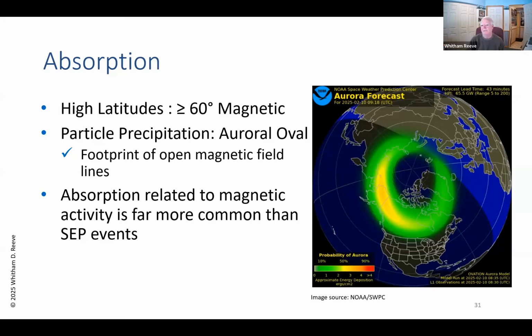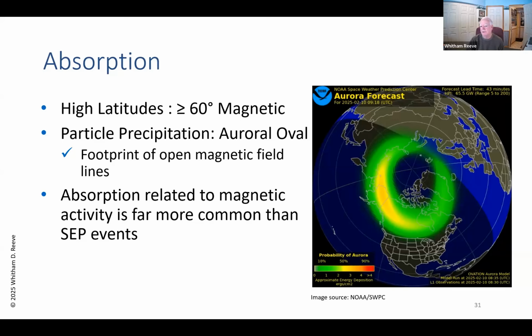If you look at this map, if you have a riometer below this auroral oval, then you're going to see absorption during a magnetic disturbance. This oval expands toward the equator when there is a magnetic disturbance.